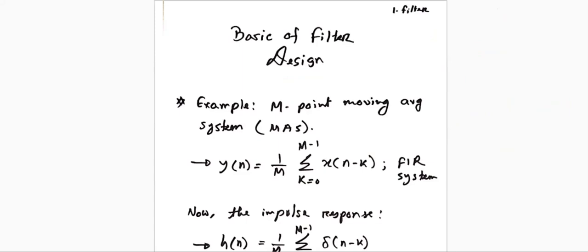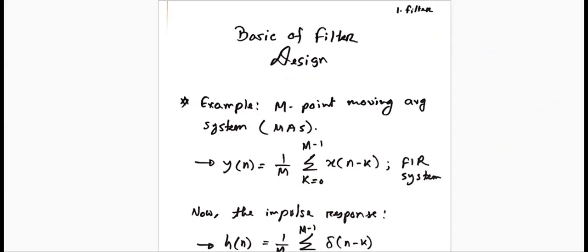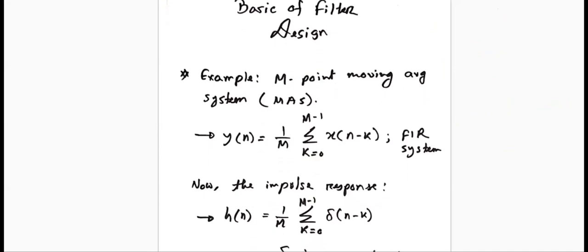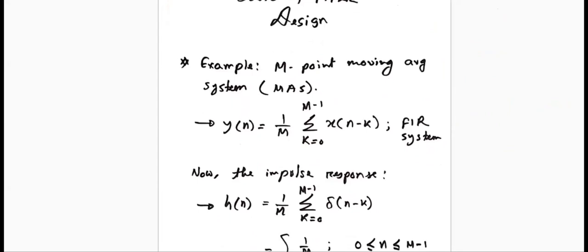I need your very deep motivation and concentration for this section, because this is the starting point to understand the filter properly. So I have designed this section starting with an example.